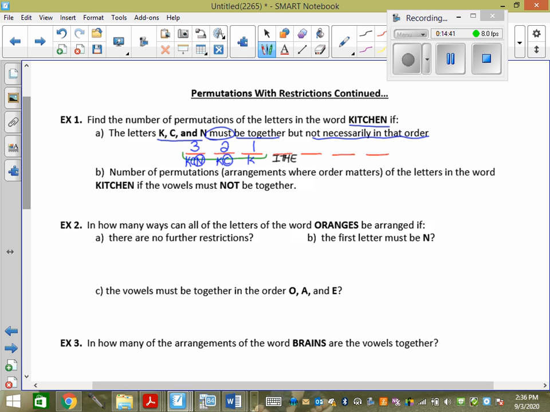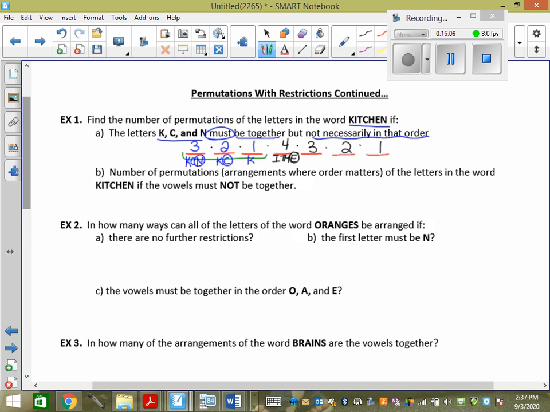I, T, H, and E. So I have 4 left. Then I hold 1. Then I'd have 3 left. Then I'd hold 1. Then I'd have 2 left. Then I'd hold 1. Then I'd have 1. Okay? We would be done if it said KCN need to be together at the front, not necessarily in that order. Did it say that? No, it said they need to be together.